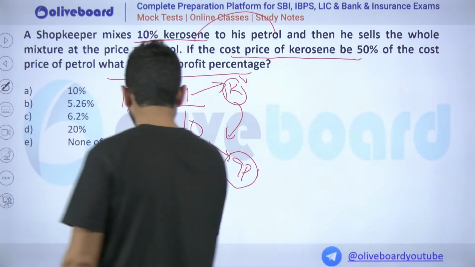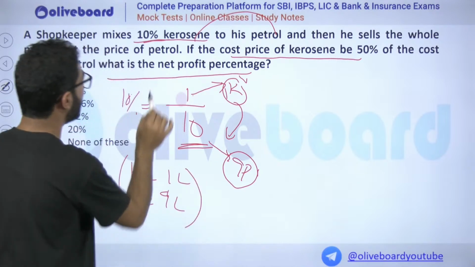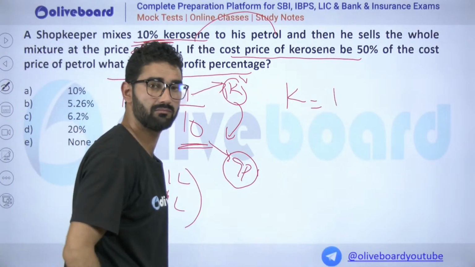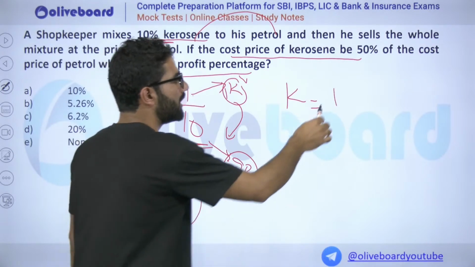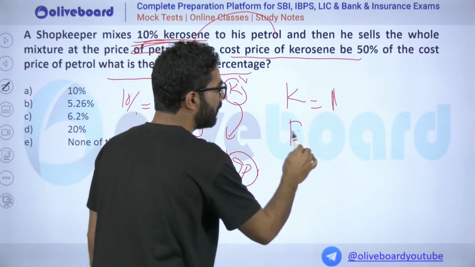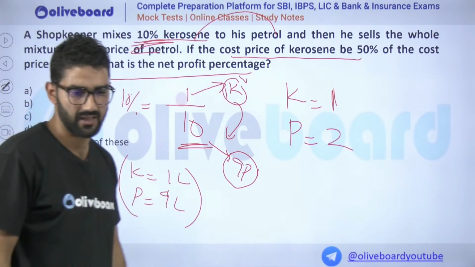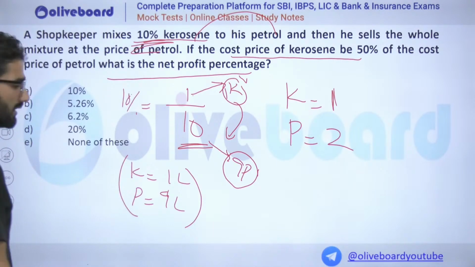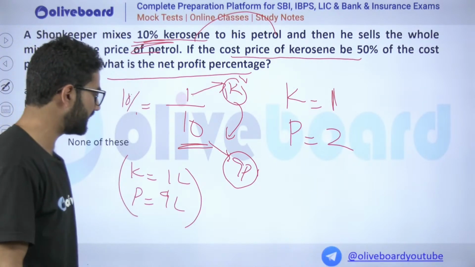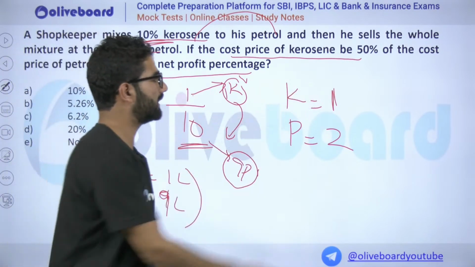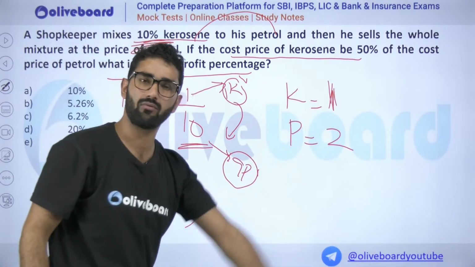If kerosene is 1 rupee per liter, what could be the value of petrol? 2 rupees. Yes my dear, Leo said it is 1:9. Very good. Now if kerosene is 1, petrol will be 2.